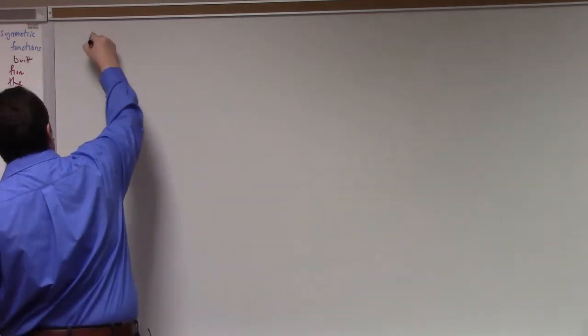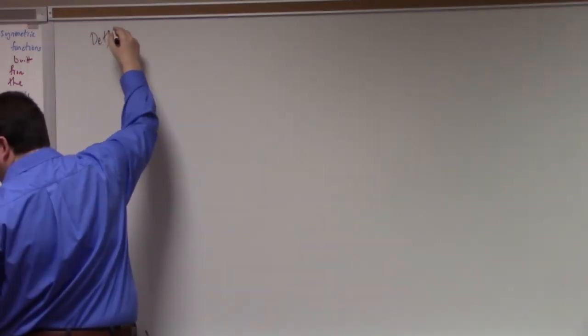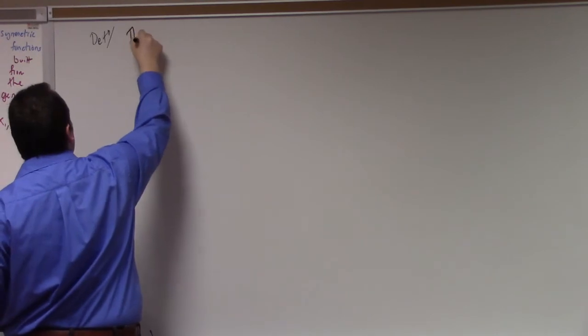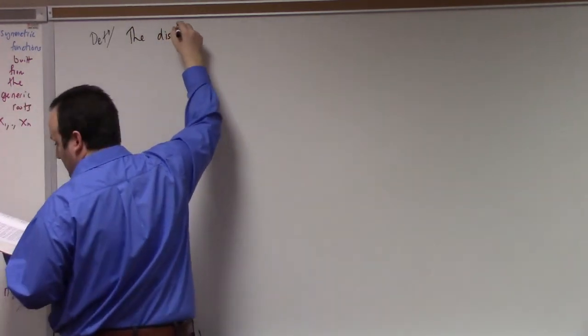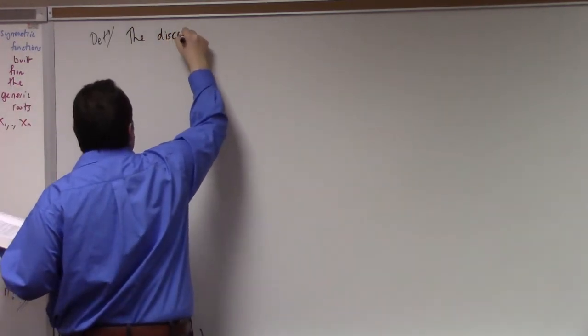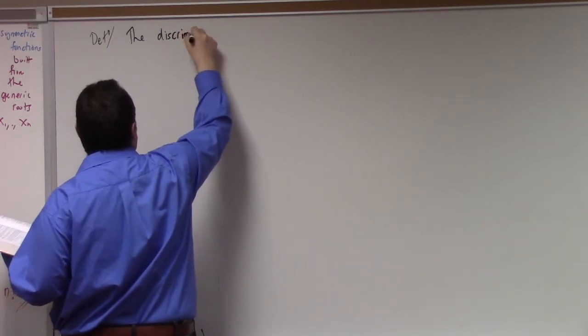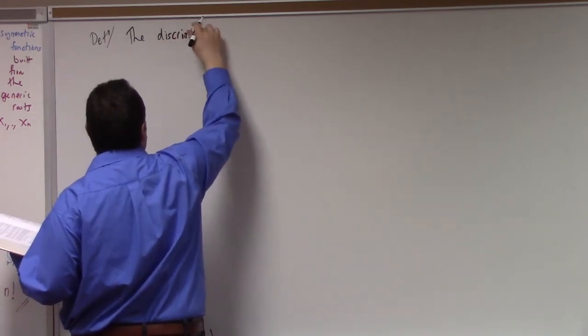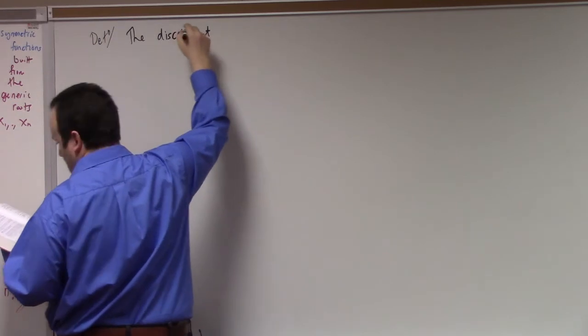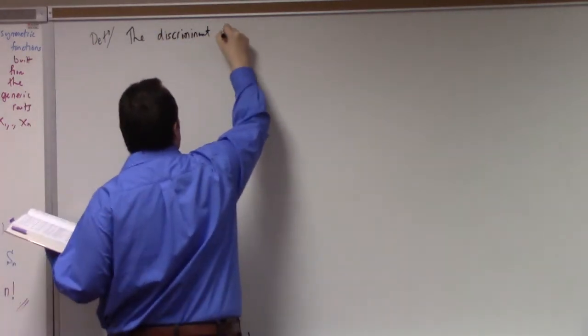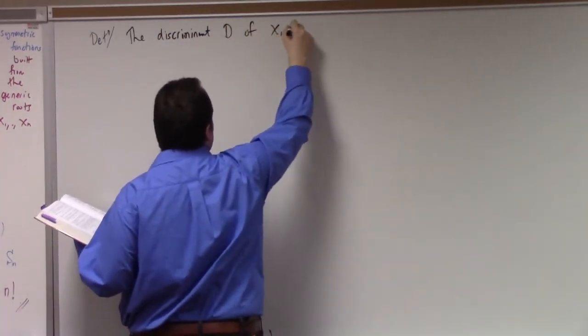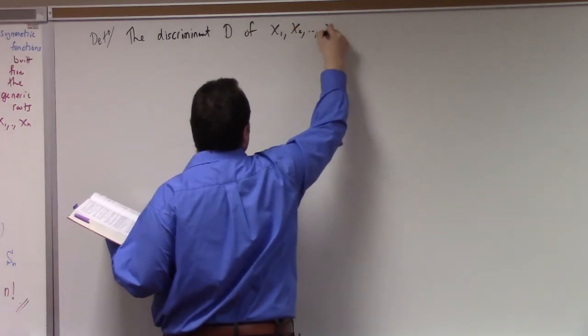Let's see here. So, definition. This is actually an important idea beyond our current discussion, I think. But the discriminant. You guys are familiar with this notion as it attaches to what? I can't spell. Discriminant. D of x1, x2, xn.